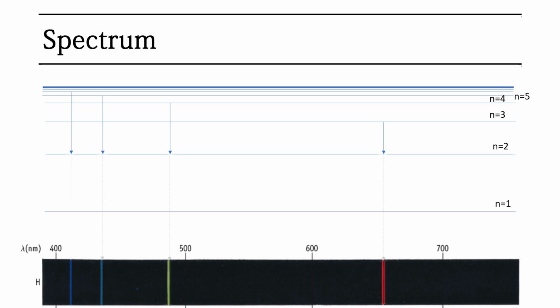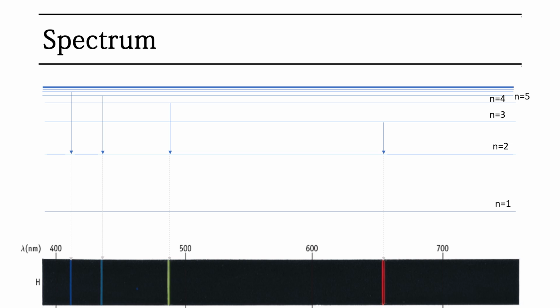There are another two lines in the spectrum due to electrons moving from the fourth and fifth energy levels to the second energy level. So these are the only lines we can observe in the visible range for the hydrogen atom.